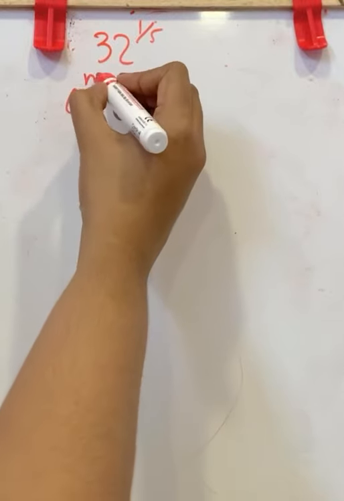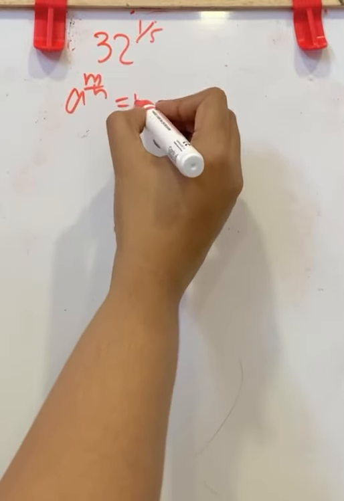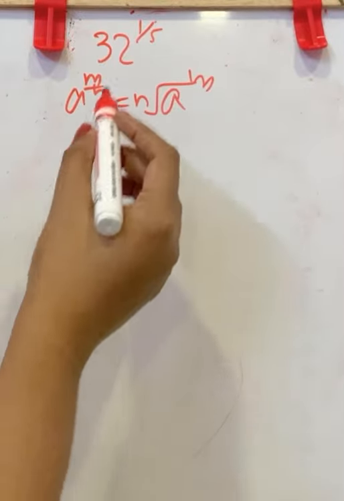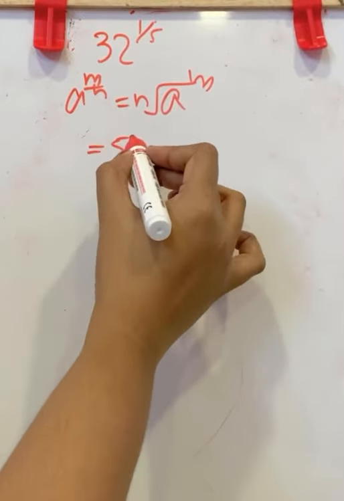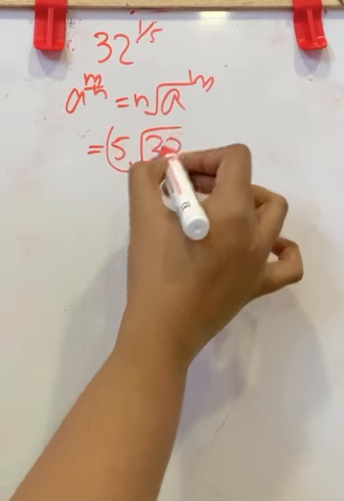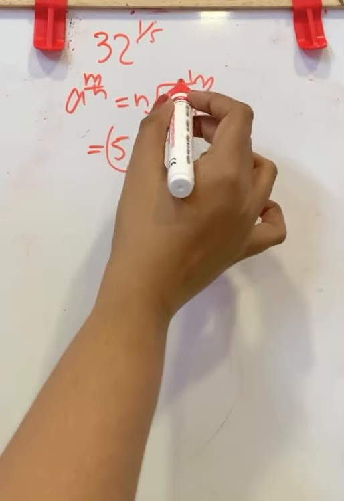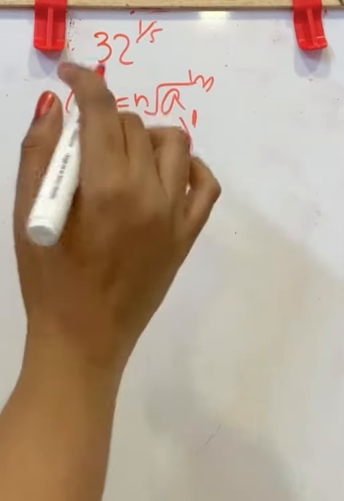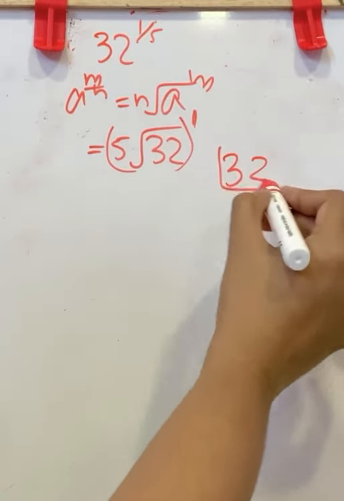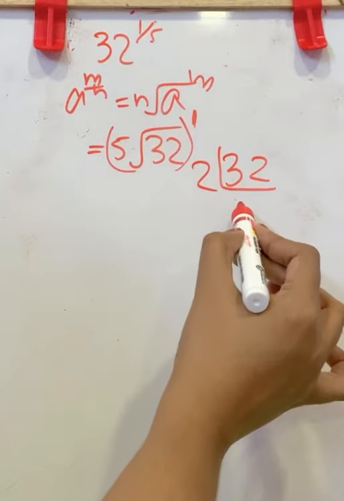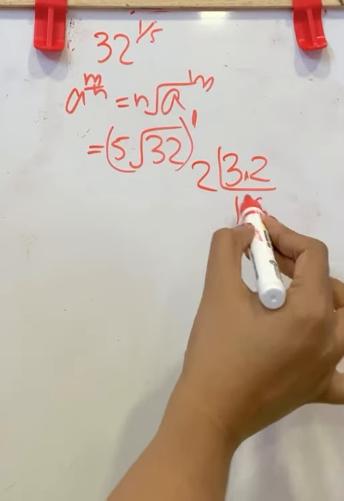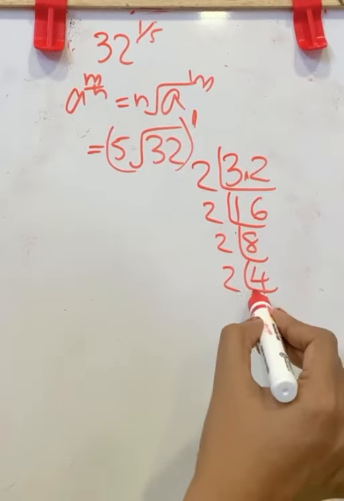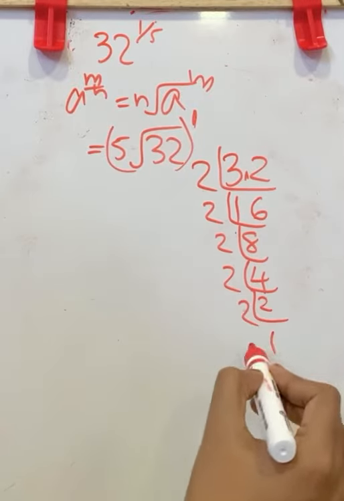Again a raised to m by n is equal to nth root of a whole raised to m. So here it becomes 5th root of 32 raised to m. M is 1 here, so it becomes 5th root of 32. Now factorizing, 2 1s are 2, balance 1, 6, 2, 8 2s are 16, 4 2s are 8, 2 2s are 4, 2 1s are 2.